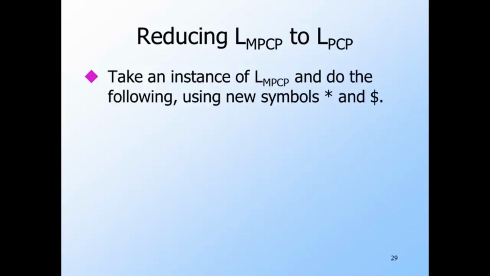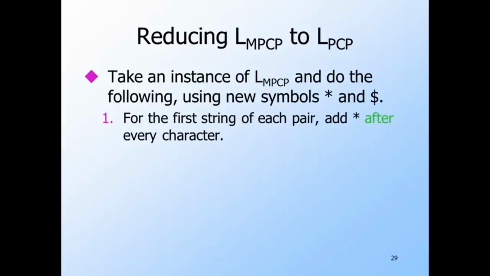The output instance of PCP will use the same alphabet as the input instance, plus 2 new symbols, the star and the $ sign. Of course, all symbols, the new ones and the symbols in the input instance of MPCP, will be coded using A, zeros, and ones as we just described. For each pair W, X in the input instance, there is a pair in the output instance based on W and X. For every first string W of the pair, we add star after every symbol.